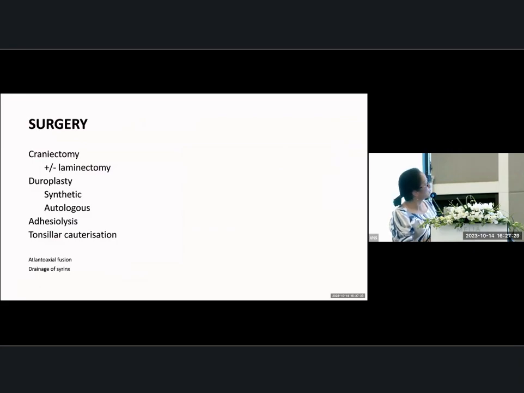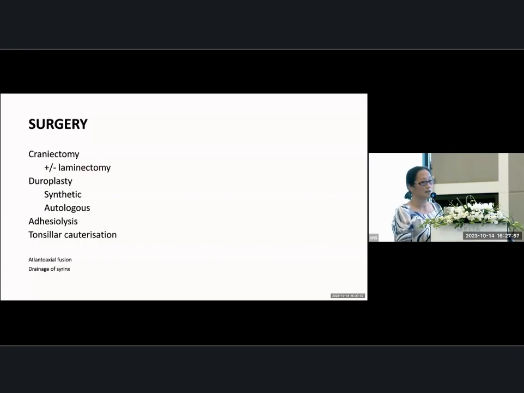So the surgery that I would perform and that most people would perform is a craniectomy plus or minus a laminectomy, depending on how low the tonsils lie. A duroplasty is optional, but I think a lot of surgeons would do the duroplasty, and I certainly do it every case. You can use either synthetic dura or you can use autologous, a pericranium.